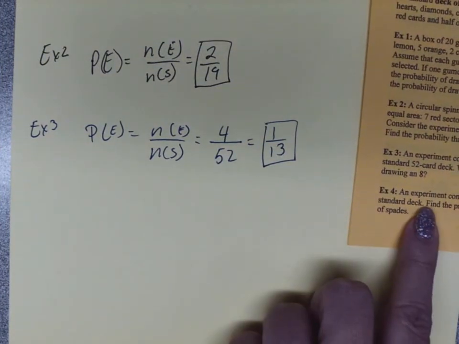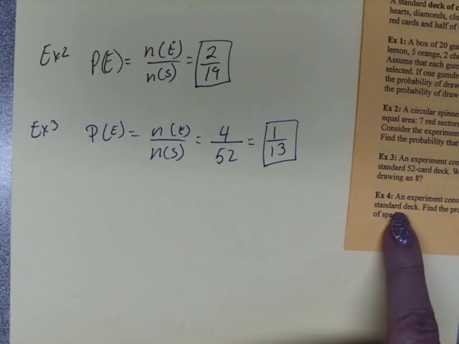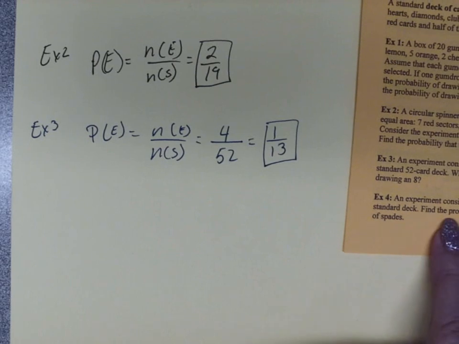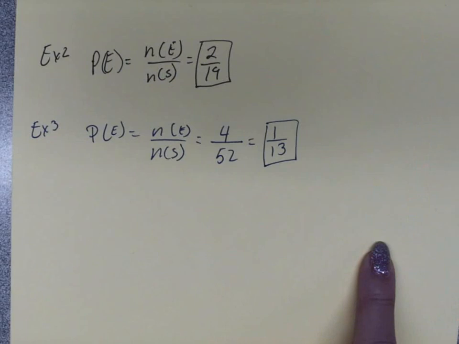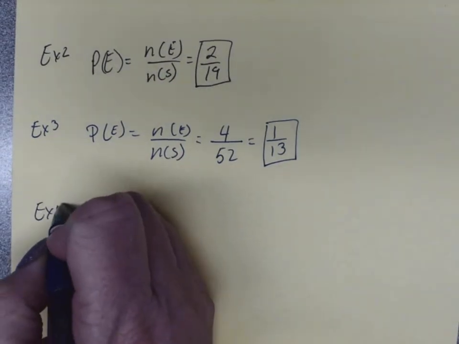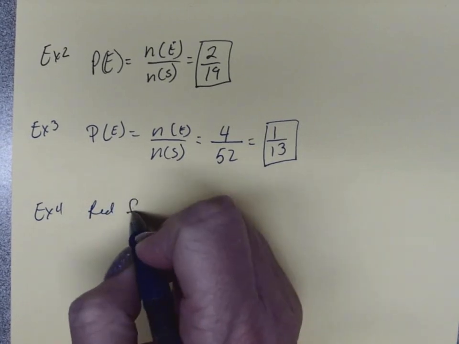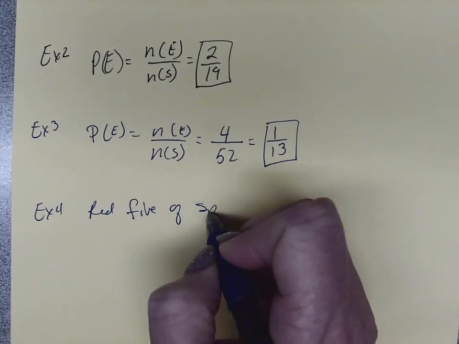All right, example 4. An experiment consists of drawing 1 card from the standard deck. Find the probability of drawing a red 5 of spades. All right, let's talk about that. So we're talking about a red 5 of spades.